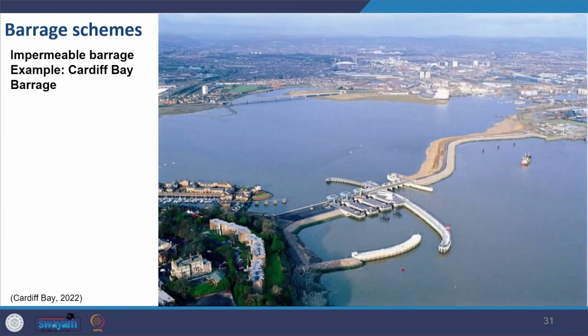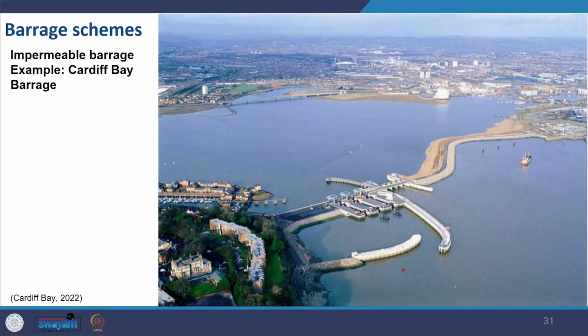That's the one example. Another example, of the impermeable barrage, is Cardiff Bay Barrage. The Thames Barrage is said to have lesser environmental impact since it's very flexible.